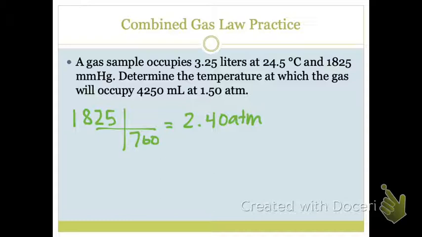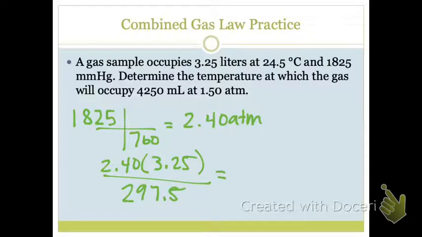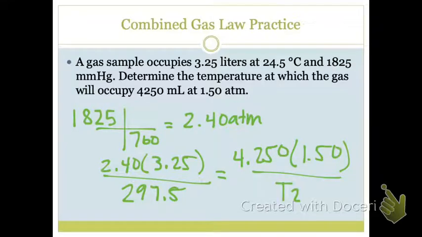All right, here we go. P1 times V1 over T1. So you just 273 plus 24.5. How'd you get that? If it were me doing the algebra, I would solve this whole side.